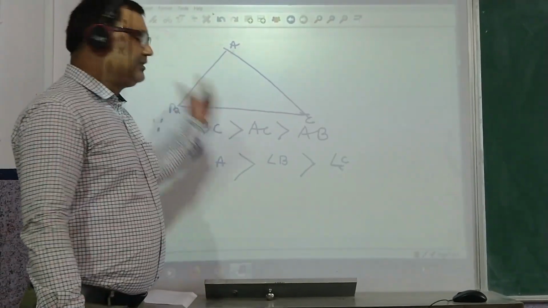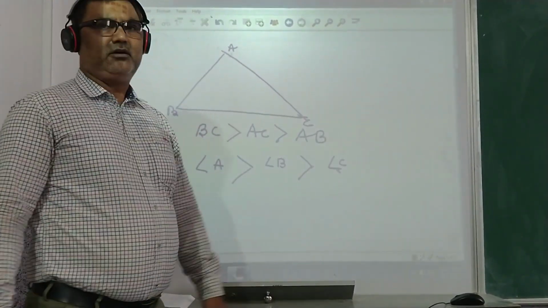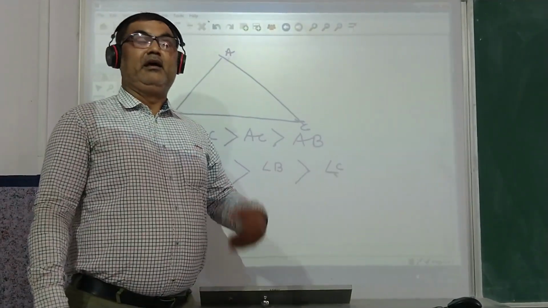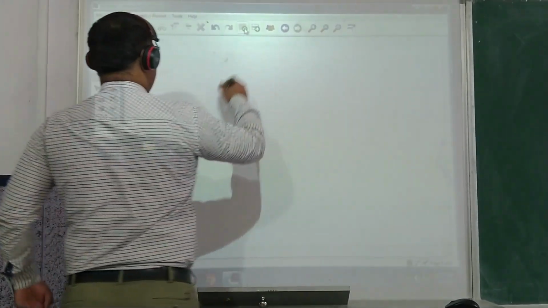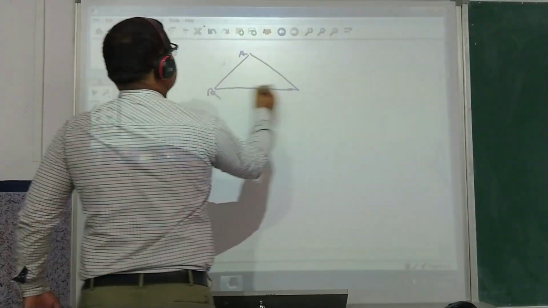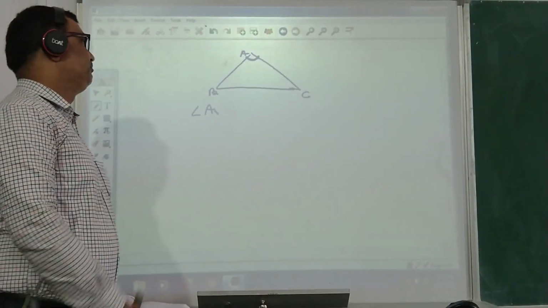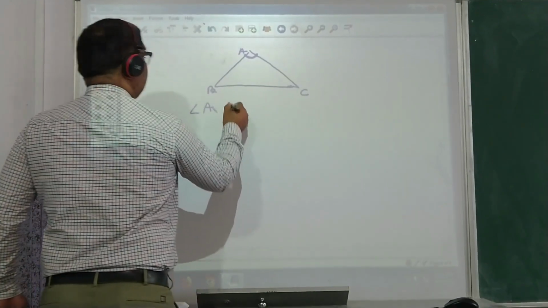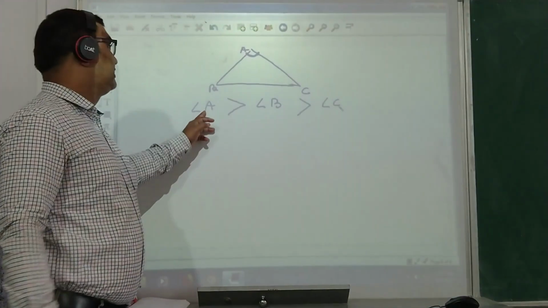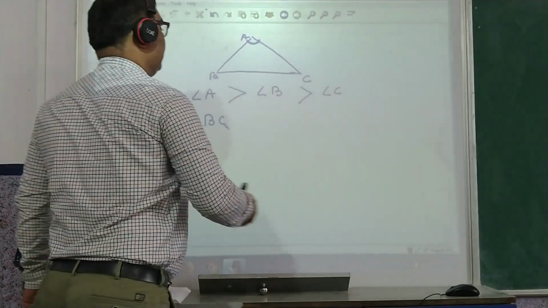This is also valid in the reverse order. Suppose the angles are bigger. For example, suppose in triangle ABC, angle A is the largest, then angle B, then angle C. So the side opposite to angle A, that is BC, will be the longest.